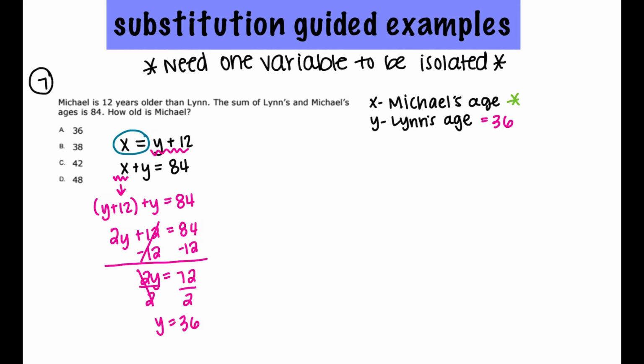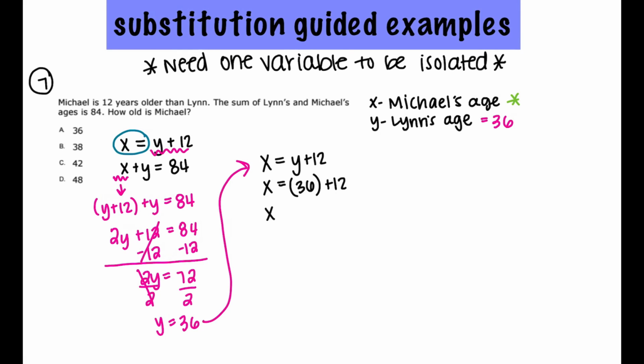Well, if Lynn is 36, then we can find out how old Michael is by plugging in 36 for Y. All right, so if I want to know X, or Michael's age, X is Lynn's age plus 12.